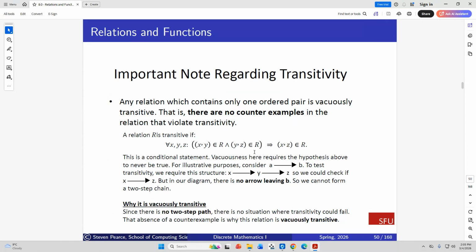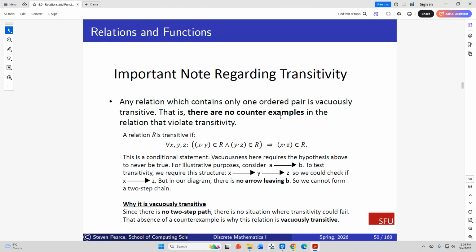Important note regarding transitivity. Now pay close attention. This is one of these vacuous arguments. Vacuity: any relation which contains only one ordered pair is vacuously transitive. That is, there are no counterexamples.